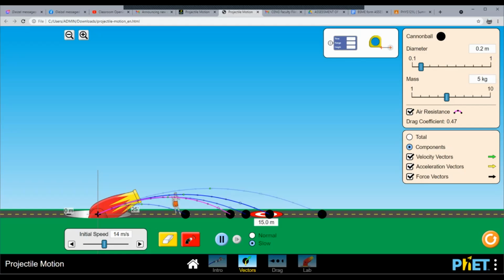Given the same initial speed, kasi ang target natin 15 meters, sabi kanina doon sa 0.8 meters ang diameter ng cannonball, mahihit natin yung target. Pero what if we reduce the diameter of the cannonball? So let us try. If we reduce the diameter of the cannonball, what happens with a given air resistance?